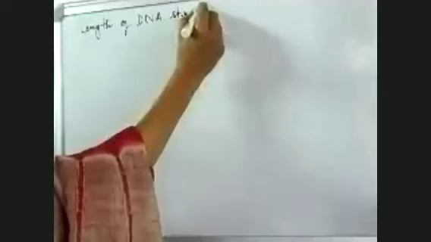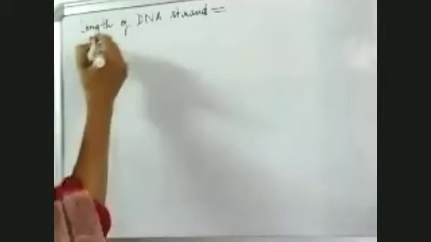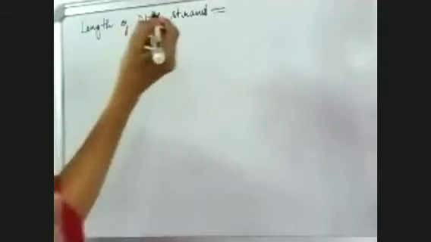Now let's do something about the length of the DNA strand. To find out the length of the DNA strand, the formula is: length of DNA strand is equal to total number of base pairs into distance between two base pairs.